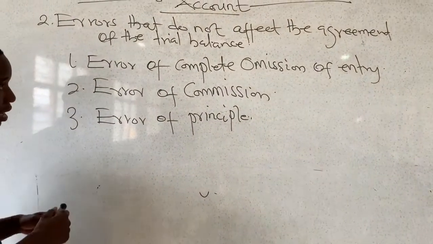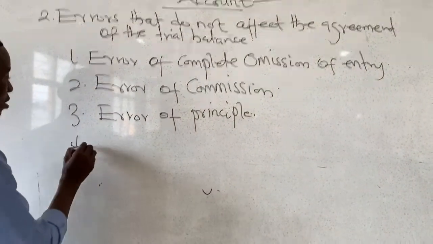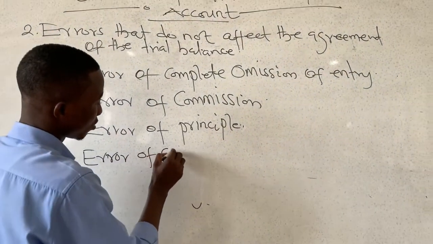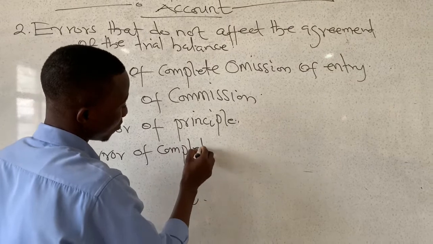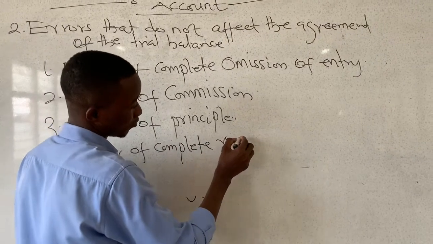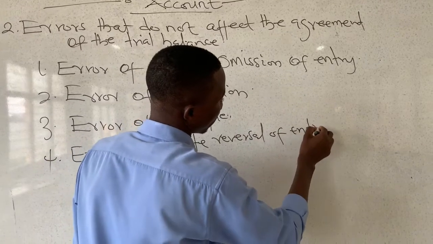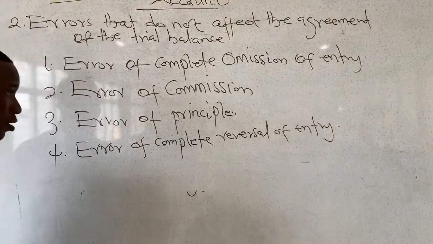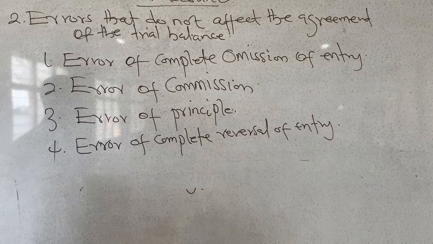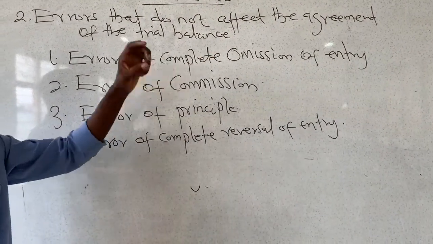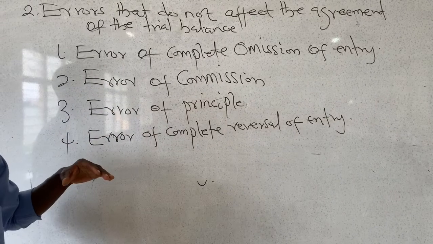Okay, that is an error of complete reversal of entry. I believe you can remember that we talked about a partial reversal of entry and the errors that affect the agreement of the trial balance.